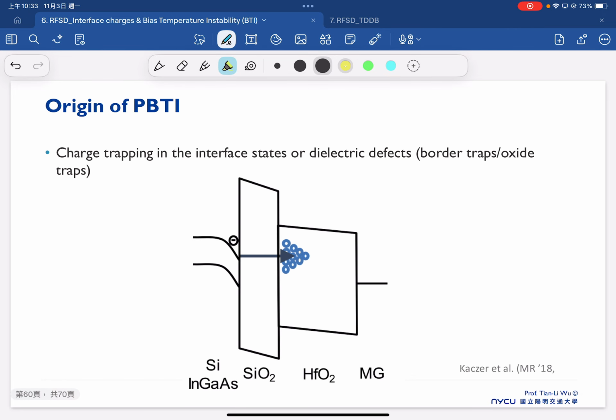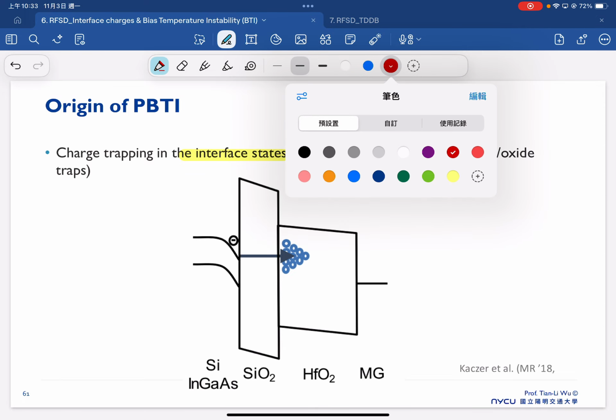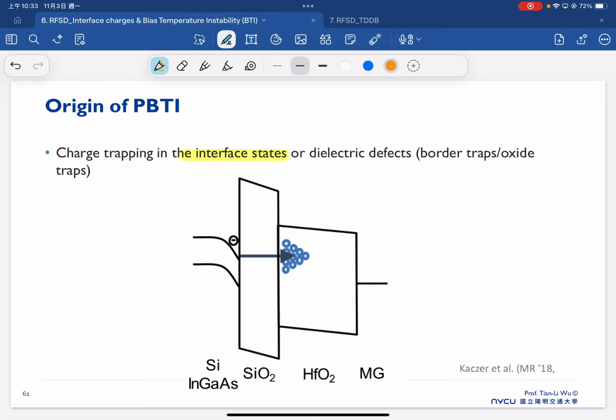So there are several possibilities to understand the origin of the different BTI. As time passed, the understanding has evolved from the first order understanding, which in the beginning believed it was only the pure influence of the interface state, which is here. So in the beginning we believed it might be only the interface state that causes the BTI.